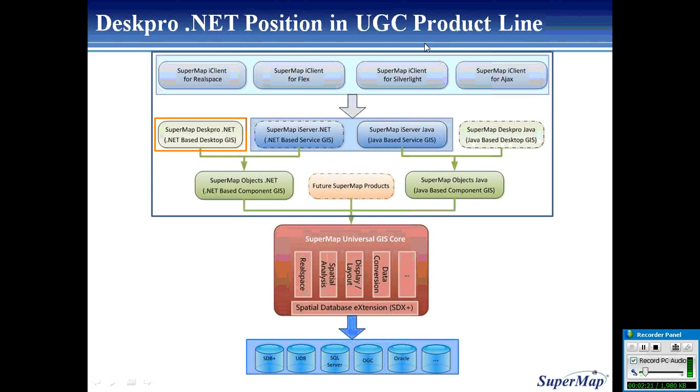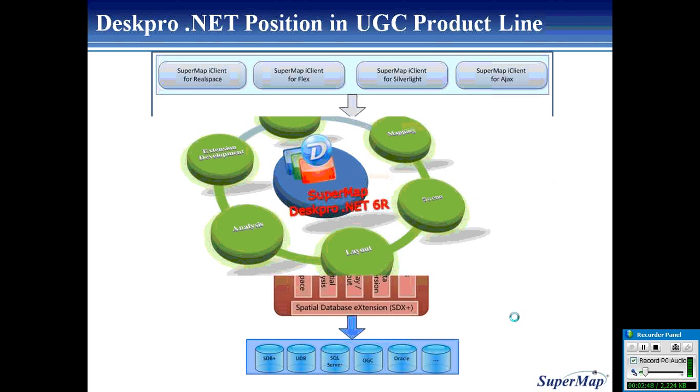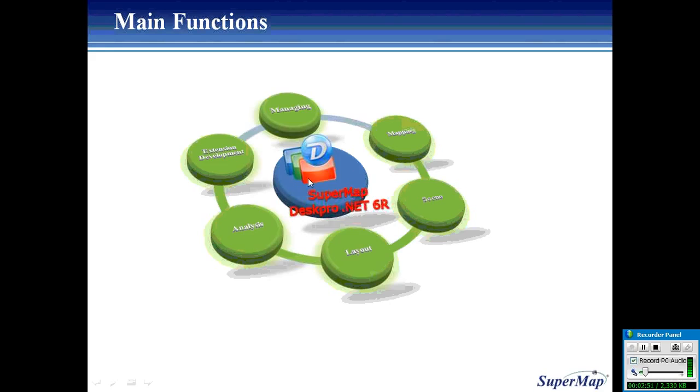And the SuperMap Desktop.NET 6R belongs to this UGC product line. It is a plug-in desktop GIS application which is constructed based on SuperMap Object.NET Desktop Core Library and .NET Framework. It is a new generation desktop product that is customizable and extendable.